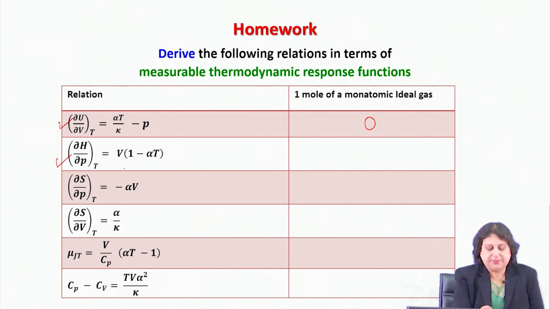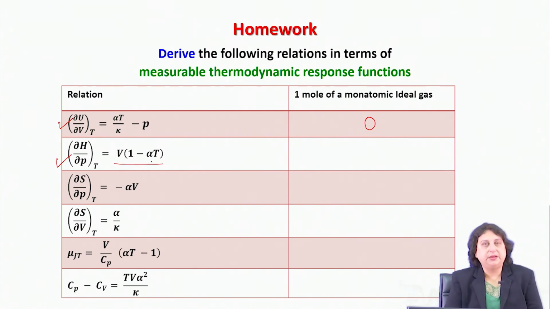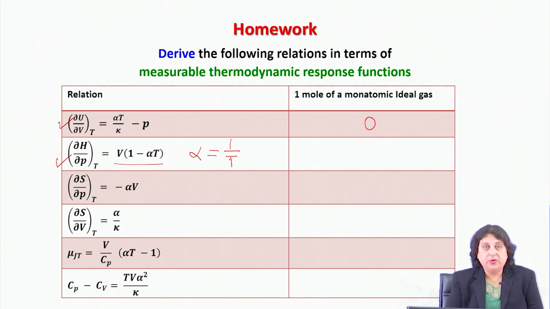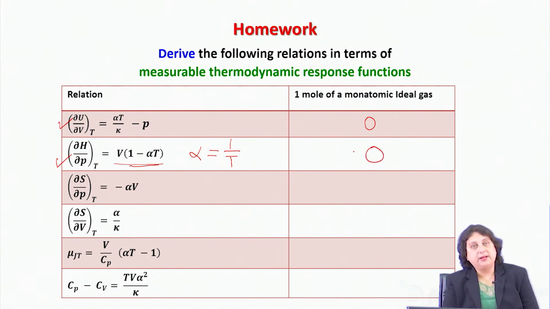Now, this is the expression of del H del P at constant T, and we have already shown that alpha for this gas is equal to 1 by T. Therefore, what would be the result? So, alpha T would be equal to 1, which means the term within the bracket will vanish, and therefore, once again, for 1 mole of a monatomic ideal gas, this quantity is going to be equal to 0.